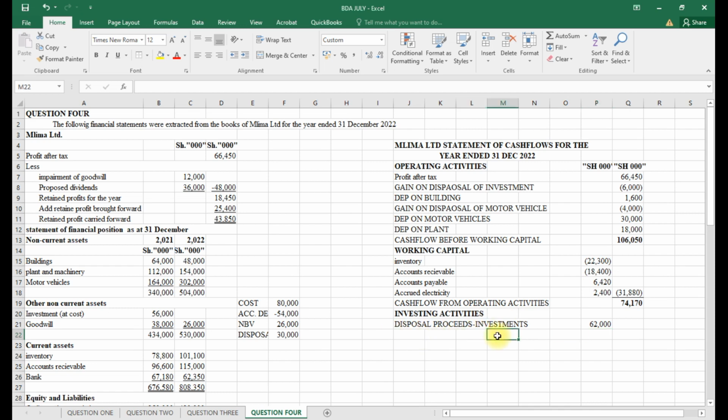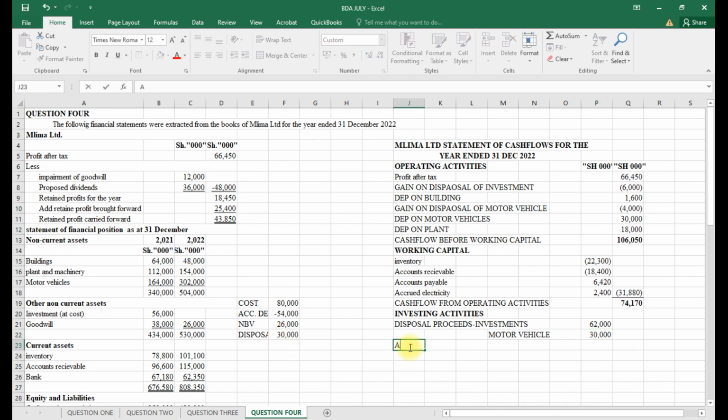Then the other disposal, we have the disposal for motor vehicle, where the motor vehicle was disposed at 30. The disposal proceeds was 30.